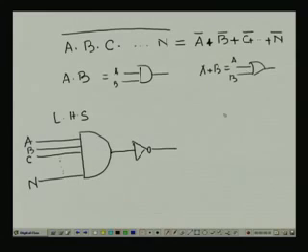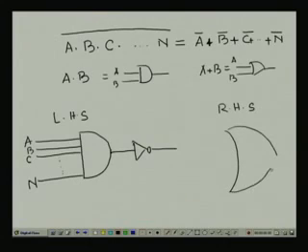What will be the right hand side? If I take one n input OR gate, then the inputs will be the inverted versions of the variables used in the left hand side.